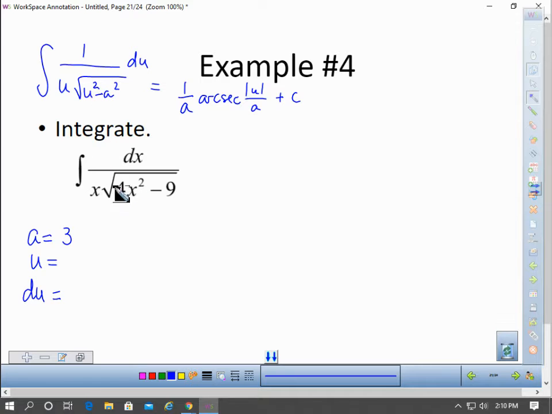So u squared is in here. So that means u has to be 2x. All right, so then I'm going to take the derivative here. So du equals 2 dx. So dx equals du over 2.